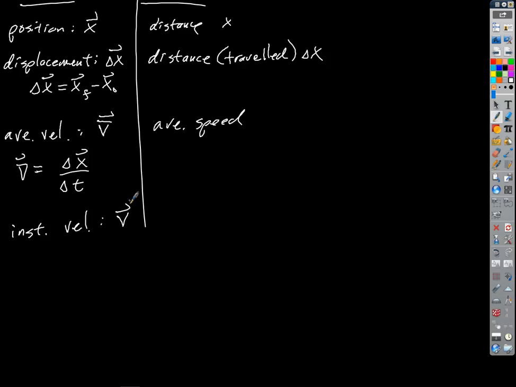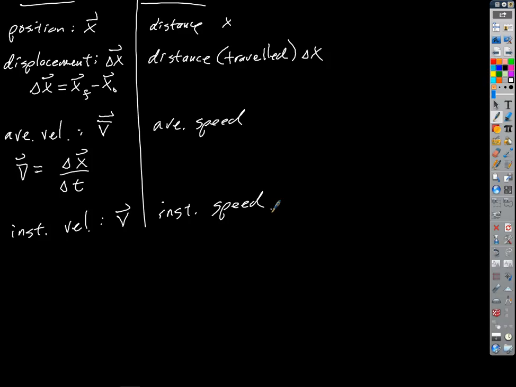And the scalar analog would be instantaneous speed. I'm going to get lazy. Sometimes when I say velocity, I'm probably going to mean average velocity. If we're talking a lot about average velocity, we'll probably just say velocity. But the context will indicate whether we're talking about an average or an instantaneous velocity.